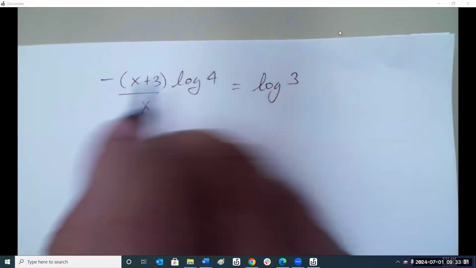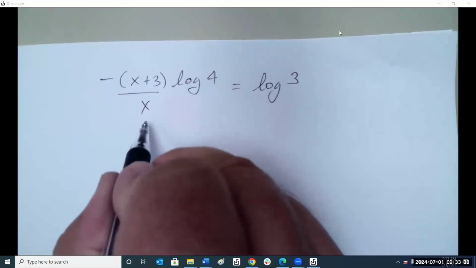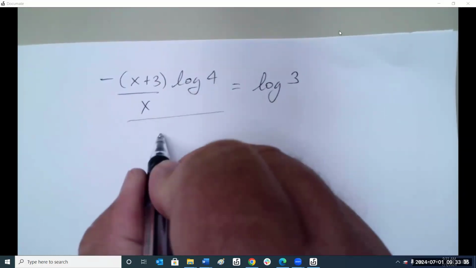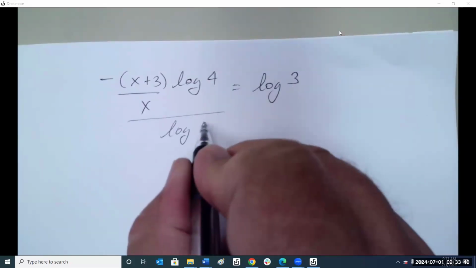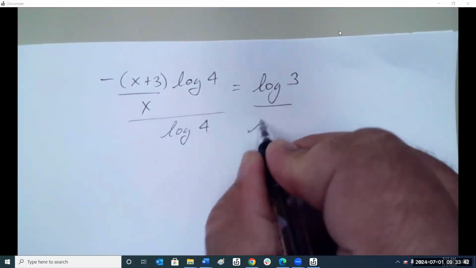You have to get the x's to one side and the non-x's to the other side. Then divide both sides by log of 4.